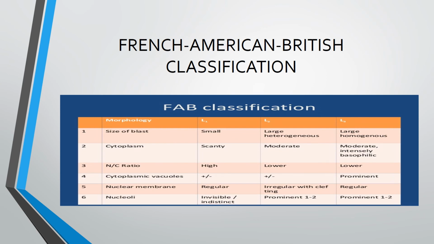Based on the French-American-British classification for acute lymphoblastic leukemia, there are 3 types of ALL, which are type 1, type 2, and type 3. The characteristics are based on morphology, which is the size of blasts, cytoplasm, nuclear-cytoplasmic ratio, cytoplasmic vacuoles, nuclear membrane, and nucleoli.